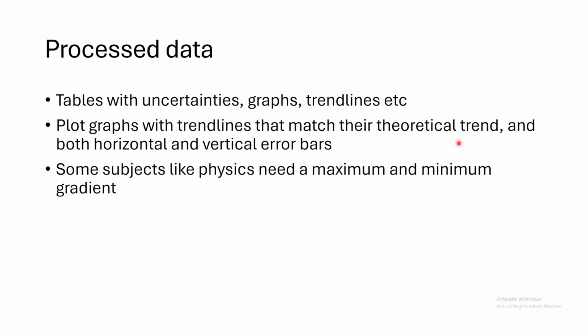Some subjects need a maximum and minimum gradient. It is good practice to do it for all your subjects, but from my personal experience, I've had chem teachers that say this chem student experiment doesn't need a maximum and minimum because that's a physics thing.